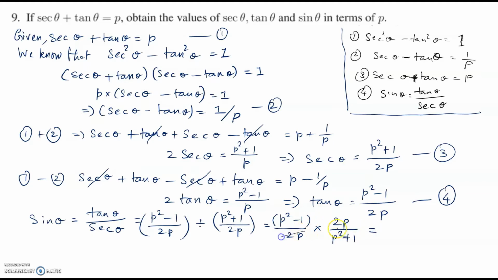So your 2P and your 2P will get cancelled. So you are left with P squared minus 1 divided by P squared plus 1. So that is our sine theta.